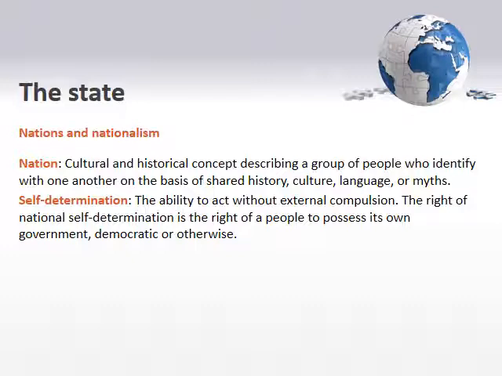So when we take a look at conflicts in Europe in World War I and World War II, we see a high degree of German nationalism, an attempt to expand German territory, or in the case of World War II, reclaim German territory that was lost in World War I and then expand further. And that was all done on the basis of a nationalist argument that the German people had the right to rule these territories and the right to rule Europe based on national characteristics.